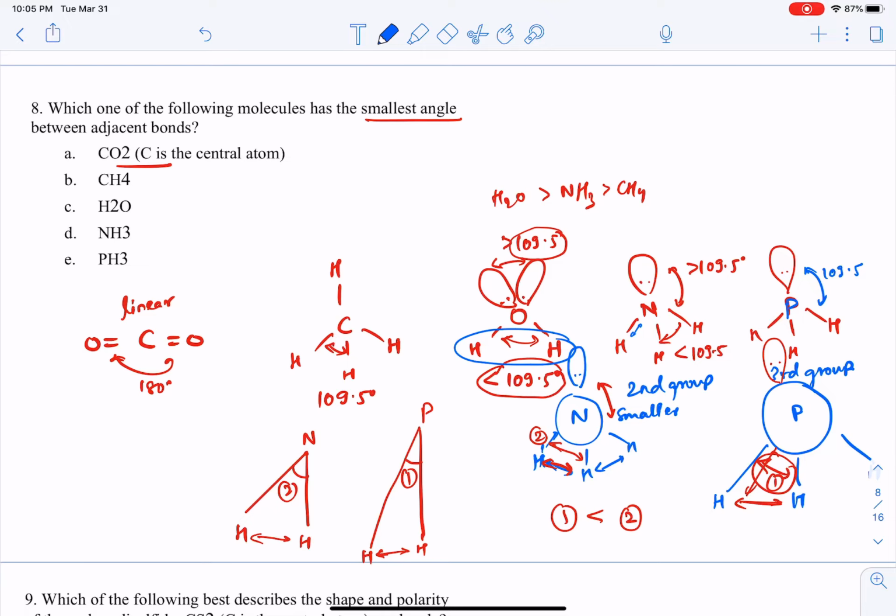Okay, so the comparison now comes down to NH3 and PH3, because those are the angles we are trying to understand, and we already said that N and H are closely related, they are very nearby, so angle 2 would be bigger compared to angle 1, so your answer would be PH3. Don't get confused with the previous question.